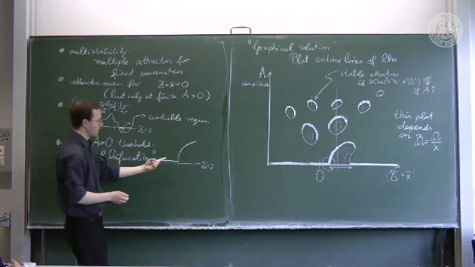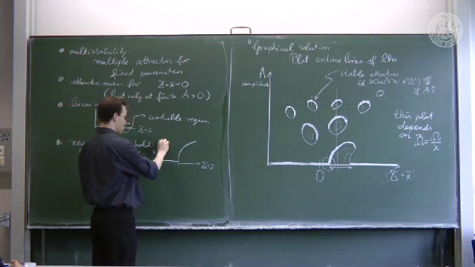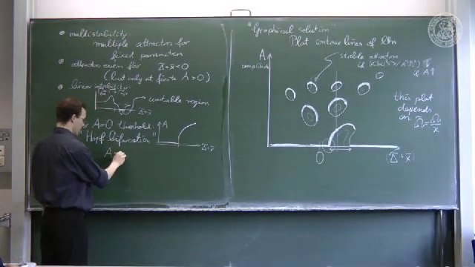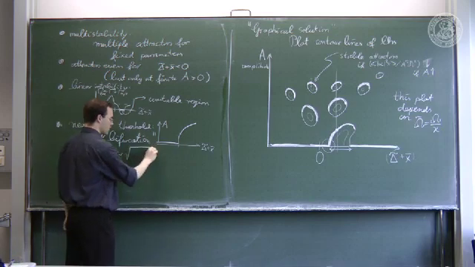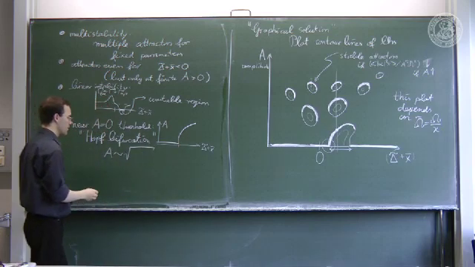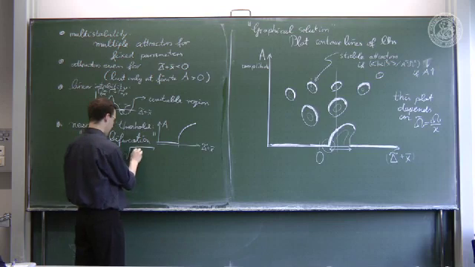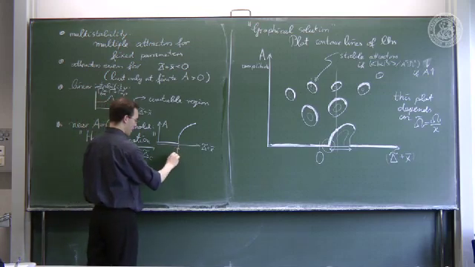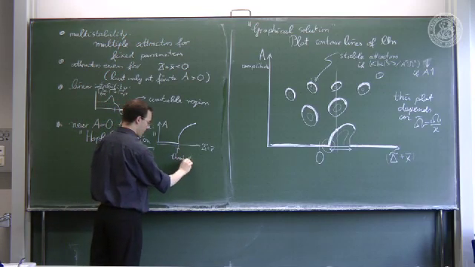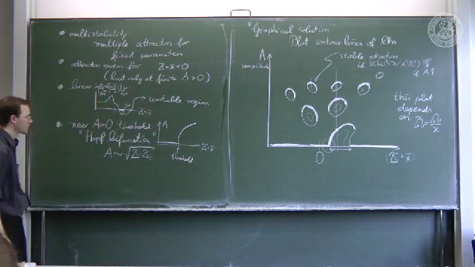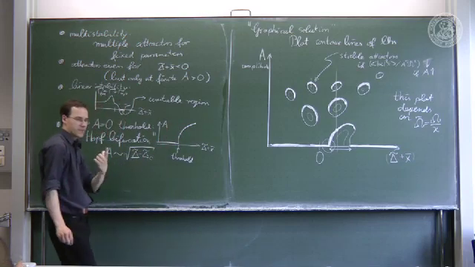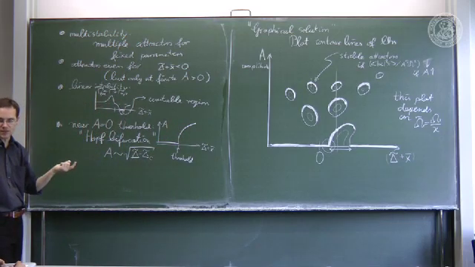And in particular, the way that the amplitude grows is also completely universal. Namely, A goes like a constant times the square root of the distance to the threshold. And so afterwards, my amplitude grows like a square root, but the phase of the oscillations is completely undetermined. Yeah?